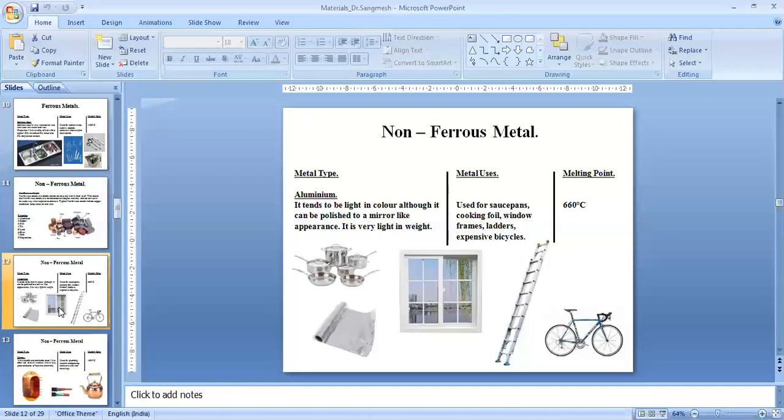It's also important to note that all non-ferrous metals have a melting point that is slightly lower. For aluminium, it is around 660 degrees Celsius.